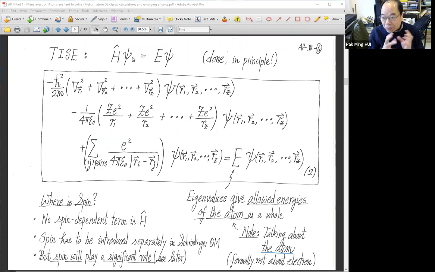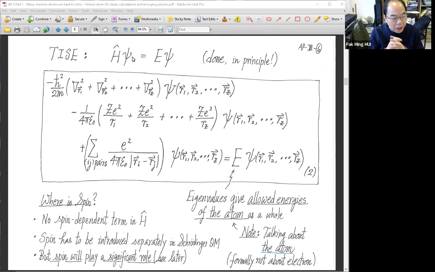So today, after introducing the general many electron quantum mechanics problem, we will move on to see how we can use our tools, perturbation and variational calculations, to understand some physics of the helium atom, especially the helium ground state.